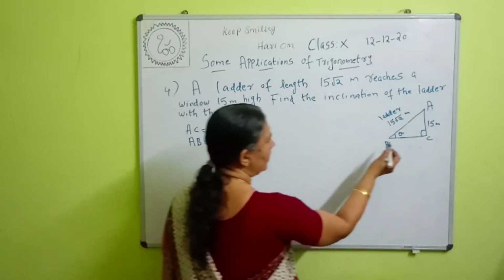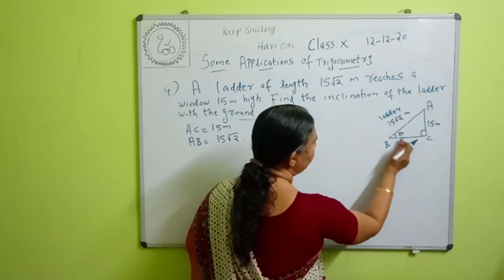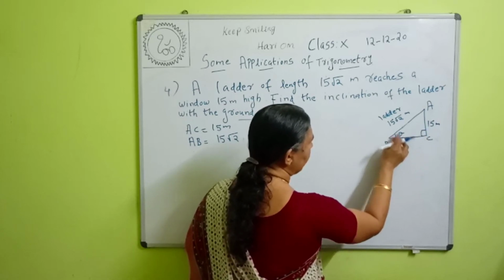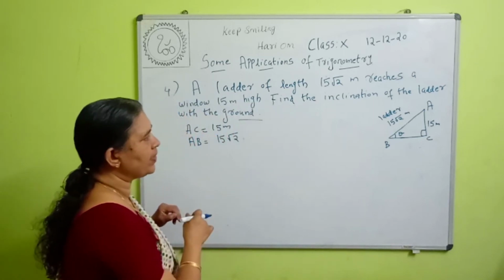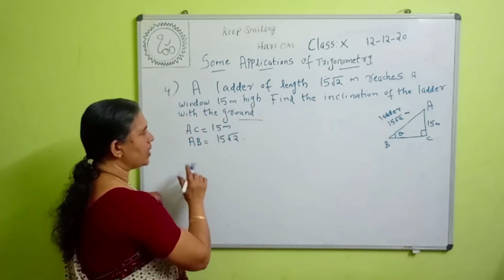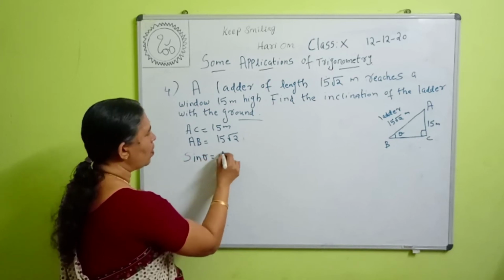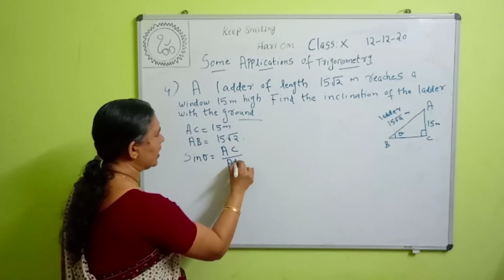Then here is the right angle triangle ABC. This side is opposite to this angle and this is the hypotenuse. Opposite side and hypotenuse are given. Then which ratio do we use here? Sin theta. Sin theta is equal to opposite side by hypotenuse, AC by AB.